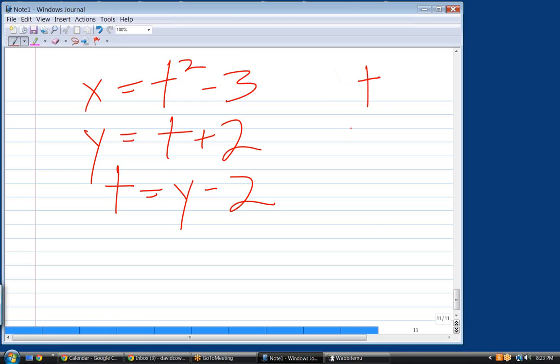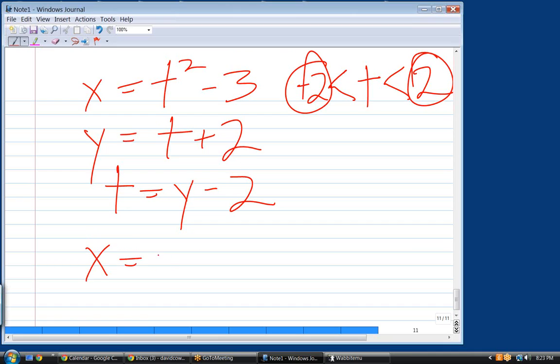Well, now, it's, name the endpoints if negative 2 is less than or equal to t is less than or equal to 2. Okay, so there's one endpoint, there's another endpoint. So plug in, once we turn this into x equals y minus 2.